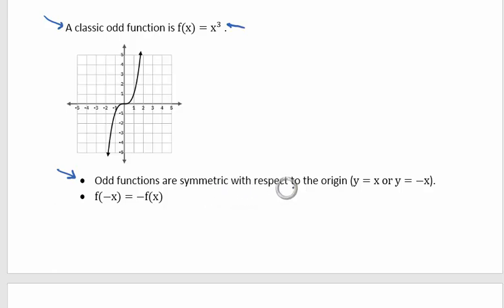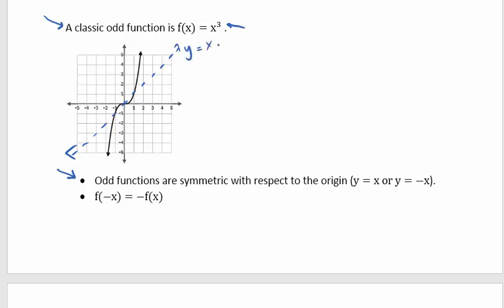And when we say symmetric with respect to the origin, we're talking about two things. It's either a reflection over the line y equals x, and here's the line y equals x. Notice my x and y coordinates are the same. So this would be a quick sketch of y equals x.